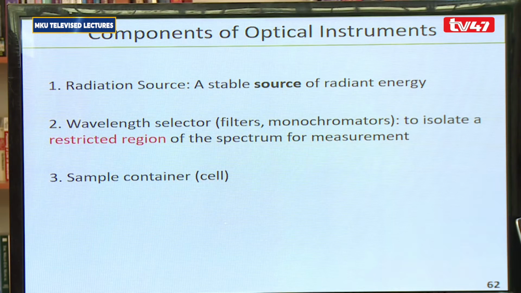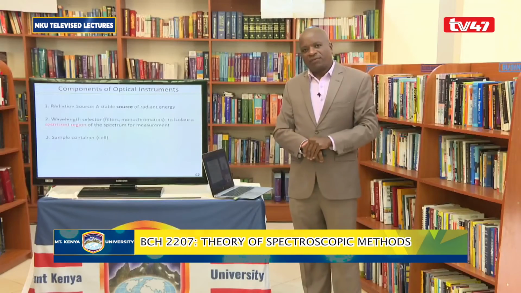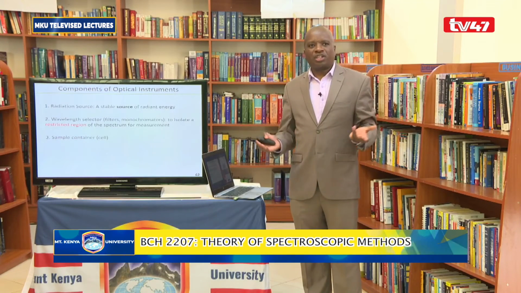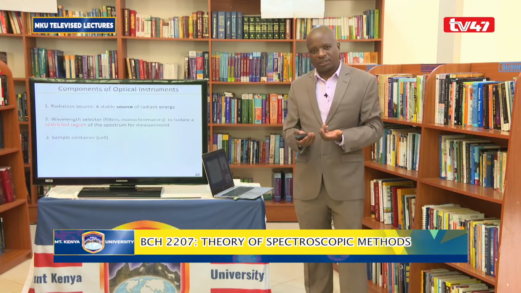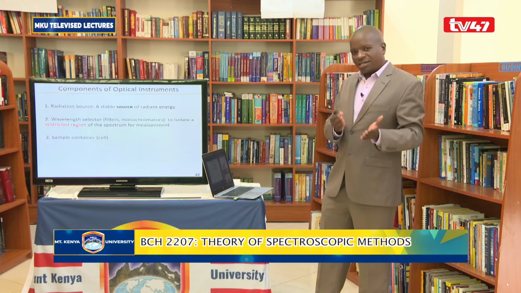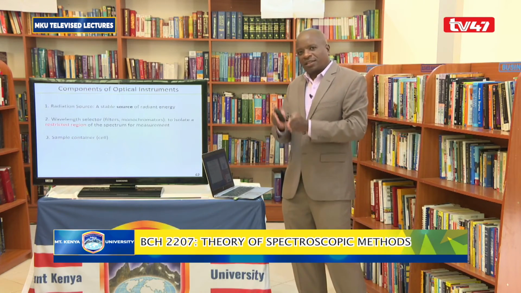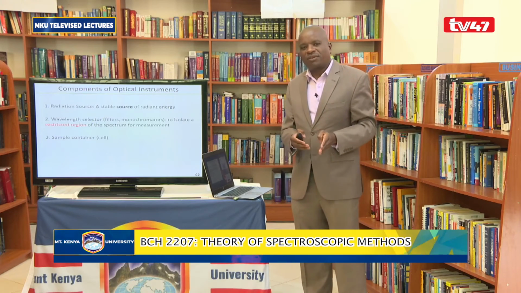The radiation source, as we said earlier, will need to be stable. It's not going to fluctuate in terms of the analysis, and it is going to cover the whole region of the analysis. You will also need a wavelength selector. Now, the purpose of the wavelength selector, remember, when radiation is coming from a radiation source, it is not going to be that the radiation source will only give you one wavelength that you need for the analysis. It is going to give you several.